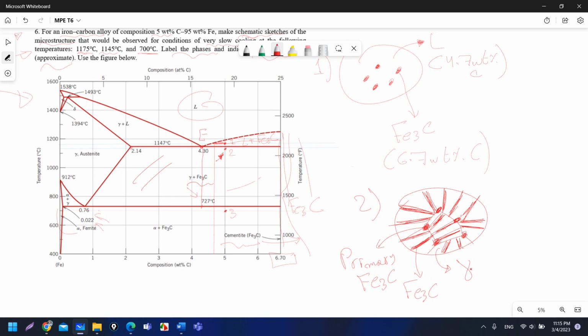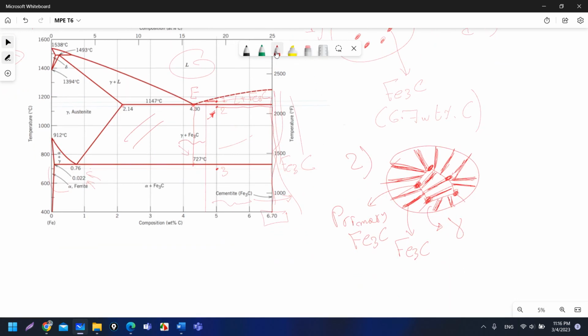And in order to calculate the composition for point 2, if I went to the right, then I went down to the x-axis, the composition for Fe3C for both, for the primary and from the eutectic Fe3C, they will have 6.7 weight% carbon. He didn't ask to calculate for each one of them alone, for the primary alone and for the eutectic alone. So we will take the total composition for the Fe3C in point 2.